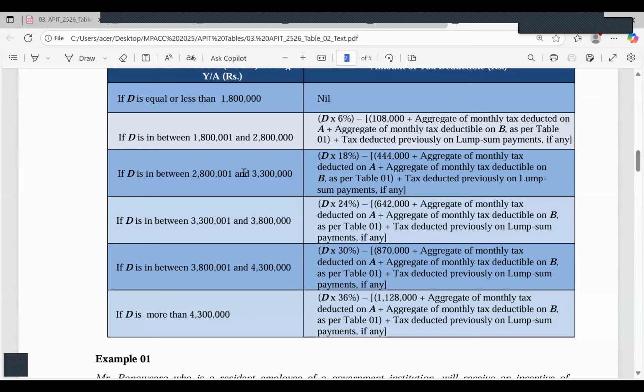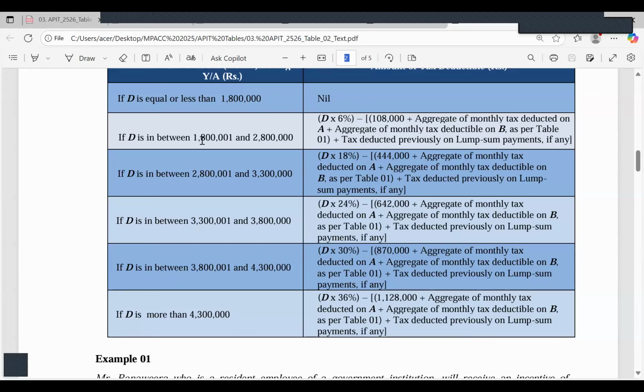For the next 500, 18%. For the next 500, 24%. Next 500, 30%. Balance 36%. So these are the actual table tax rates applicable for an individual.